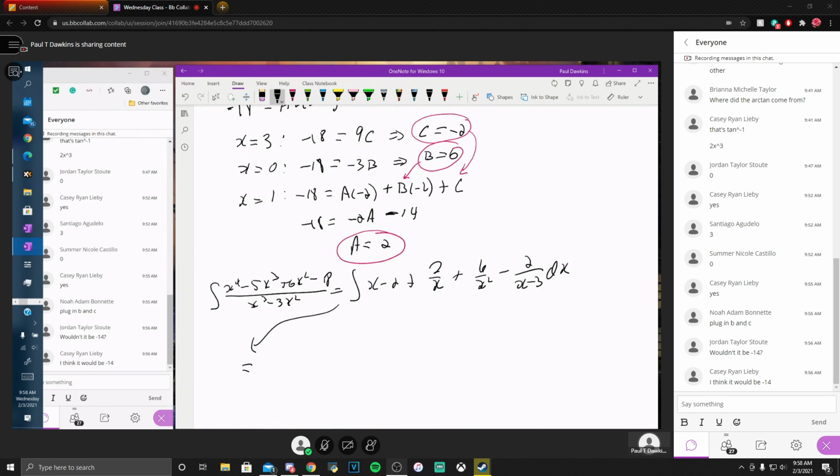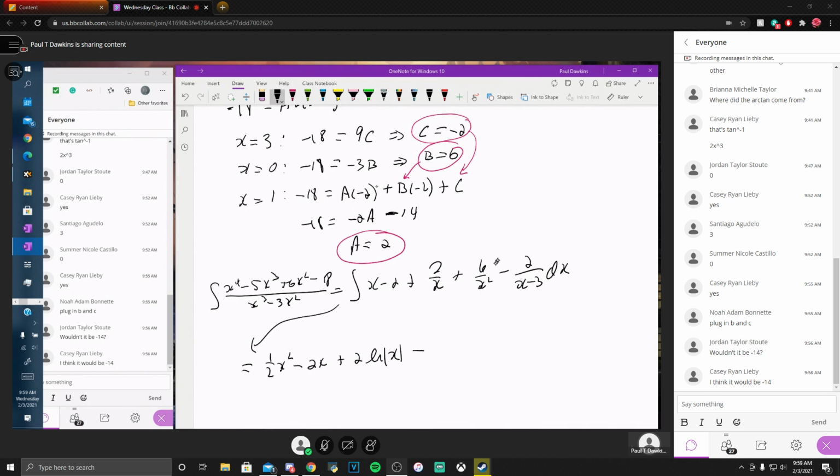Okay. Integrate that. It's 1/2 x squared minus 2x. Again, that's just Calc 1. I'm confident y'all can do that. Next one, 2 natural log absolute value of x. Here again, remember this is really x to the minus 2.